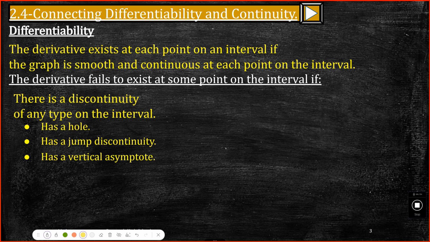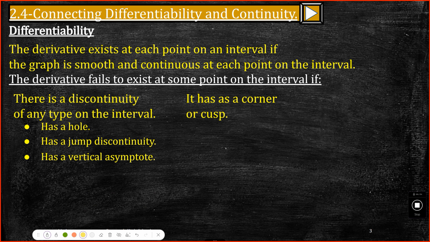Vertical asymptote. Well, that's what I just said in the previous example. Say a function that's going like this wouldn't be differentiable here because it would have a vertical tangent. So that is not differentiable at that point. All right.